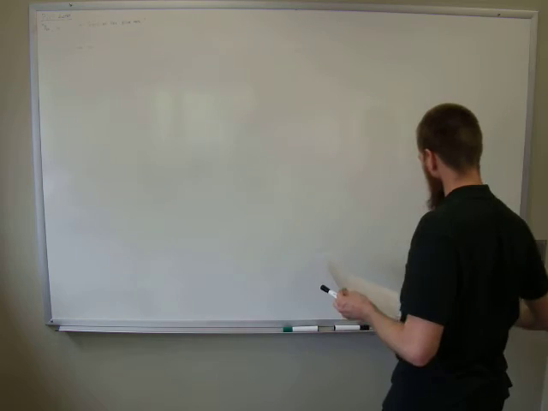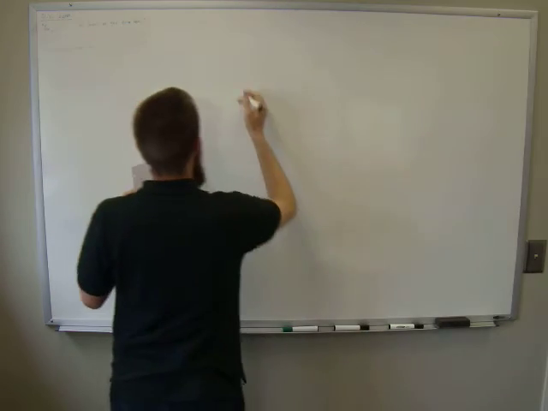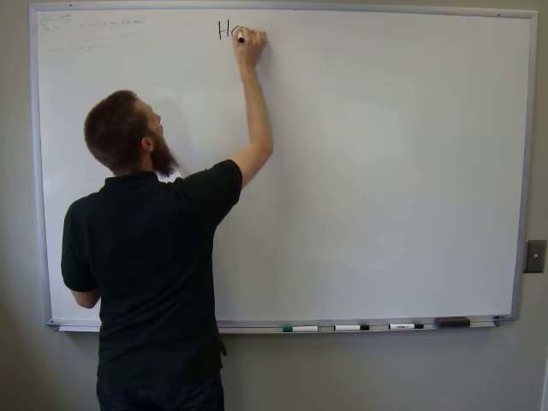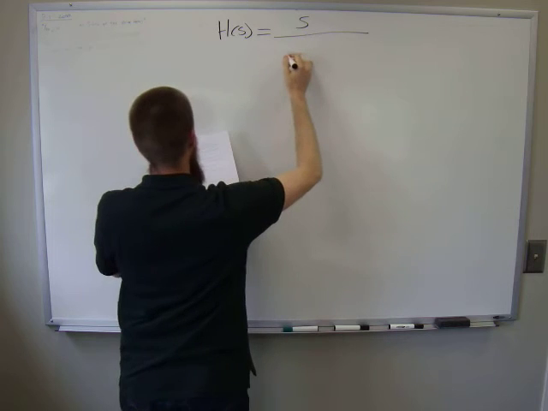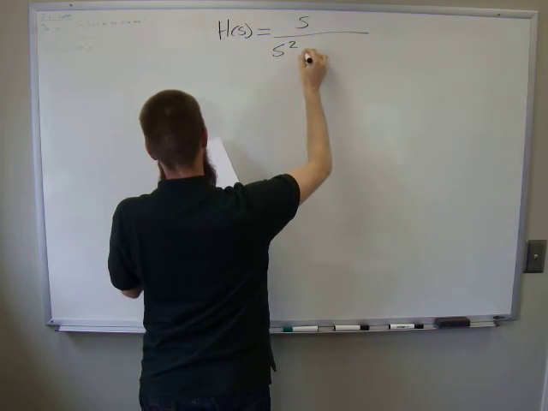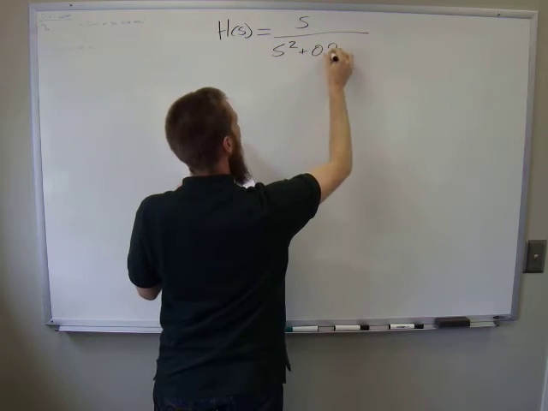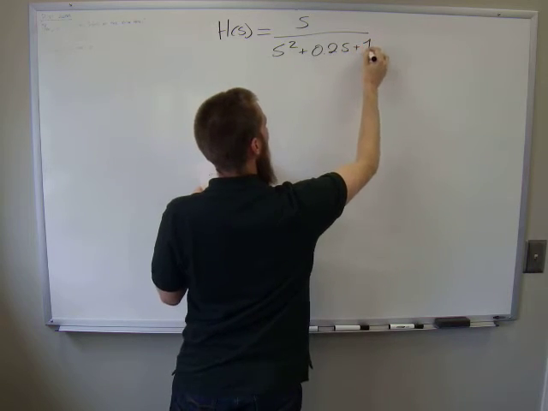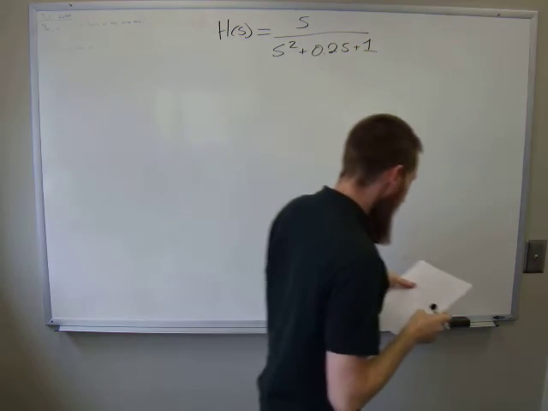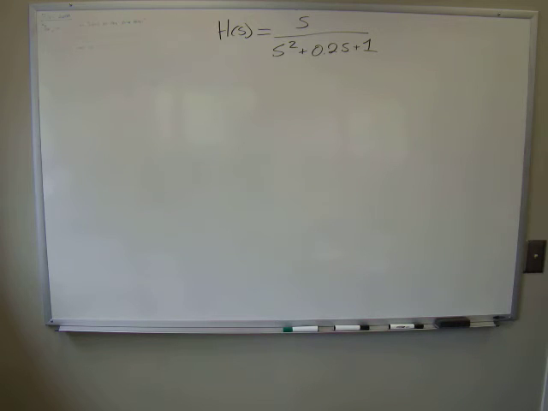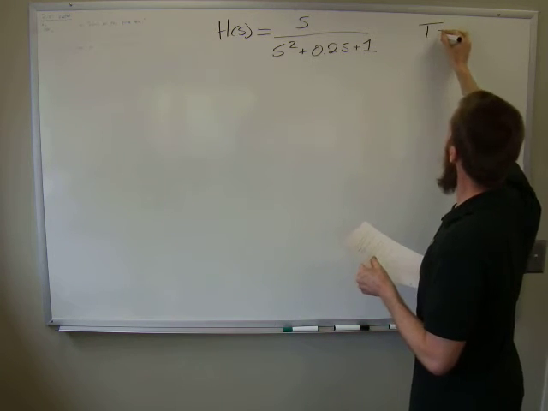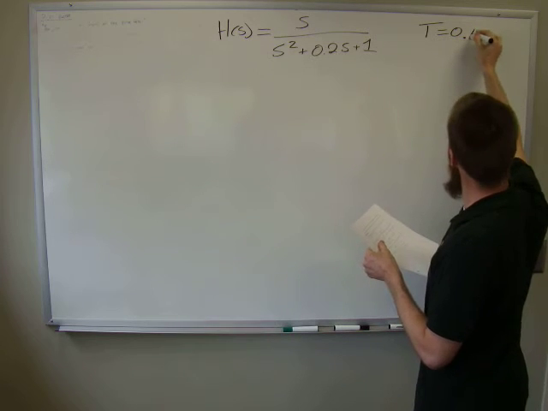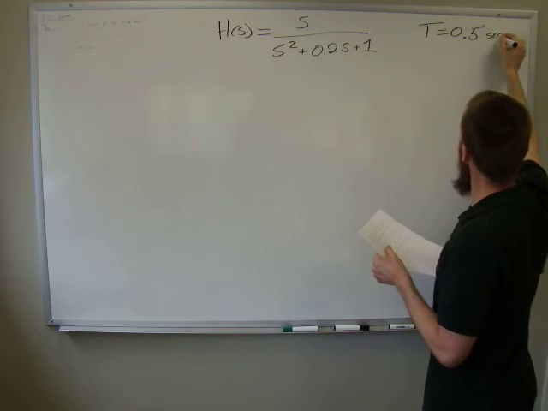This new transfer function in continuous time is going to be equal to h of s, which is equal to s divided by s squared plus 0.2 s plus 1. Alright, in this one, we're going to say t is equal to 0.5 seconds.